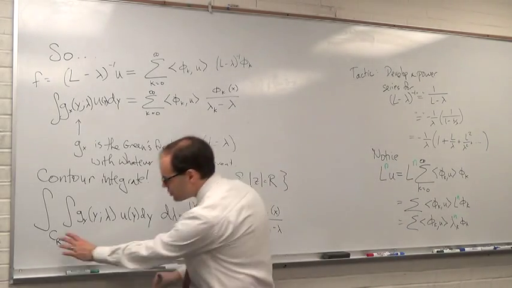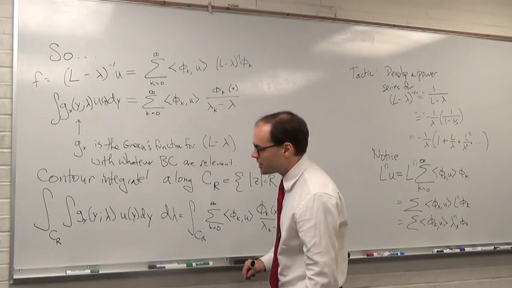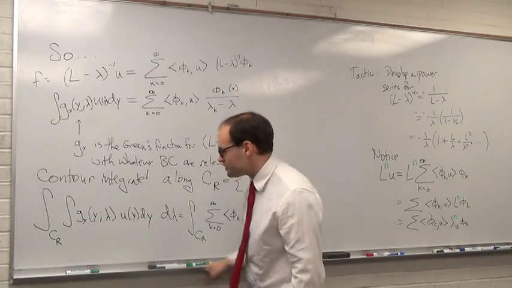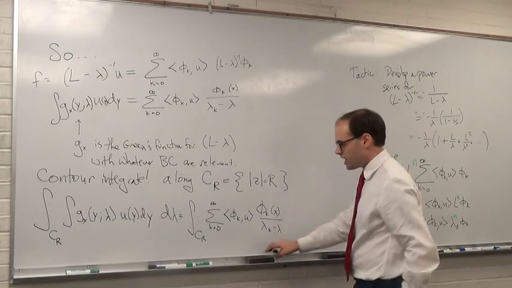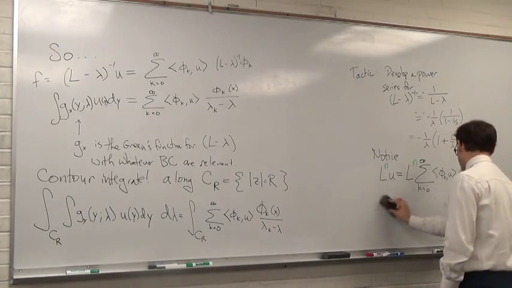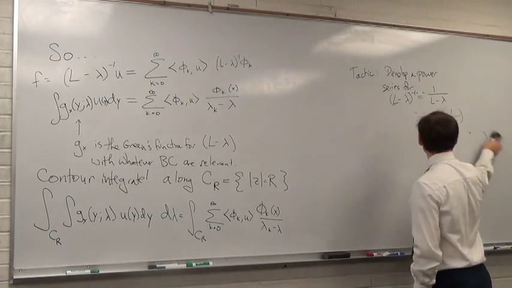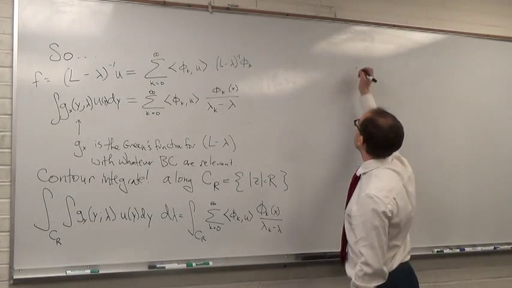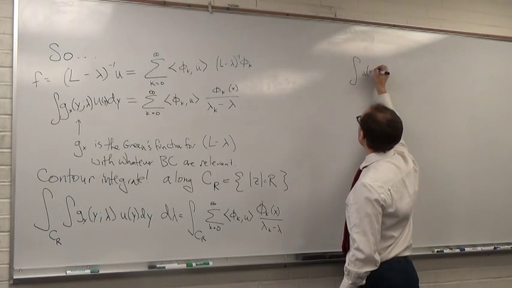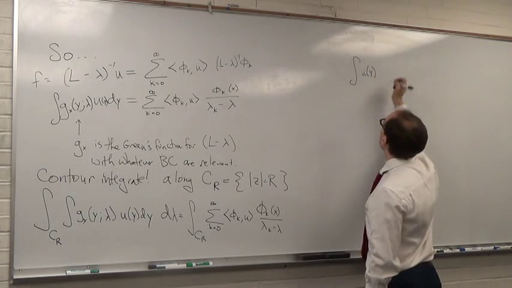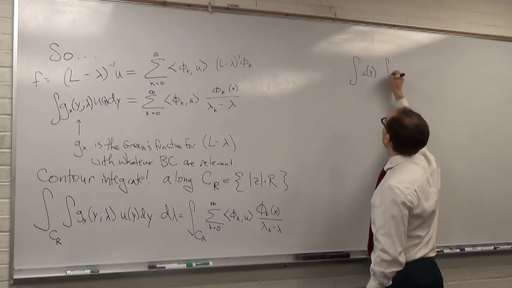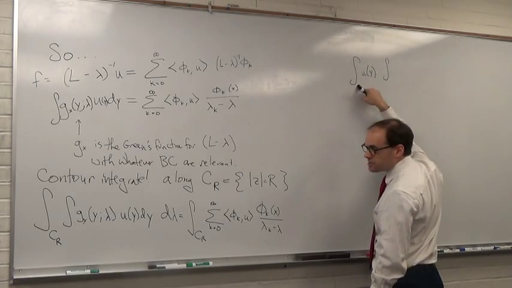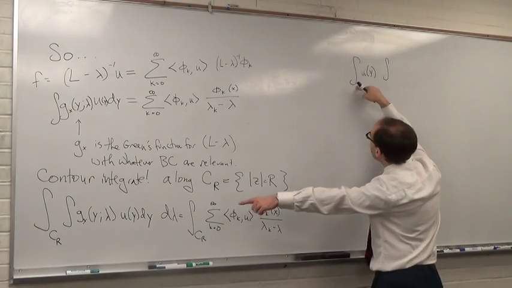Over here, I'll switch the order of integration, so that that u pops out, and just buried inside is the integration with respect to lambda. If I make both of those transformations, I get the integral of u(y), and this outer integral is now the integral with respect to y.